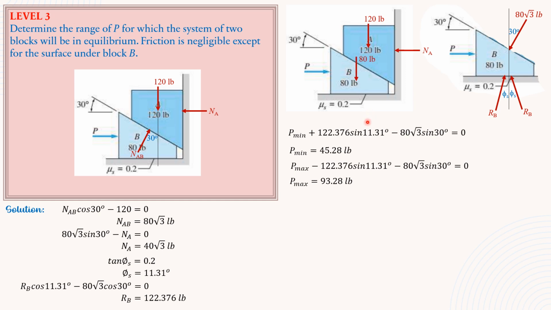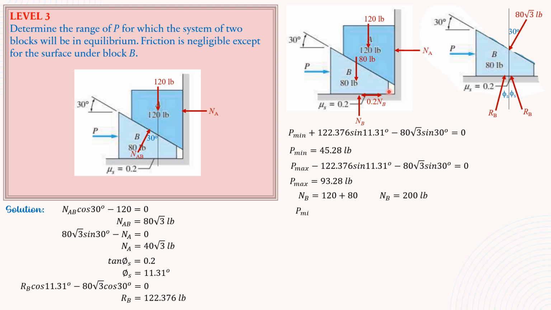Then normal reaction at underside of B. Then friction, which is either to the left or to the right. So for minimum friction, for minimum P, it is to the right. So NB equals 80 plus 120, so 200 pounds.